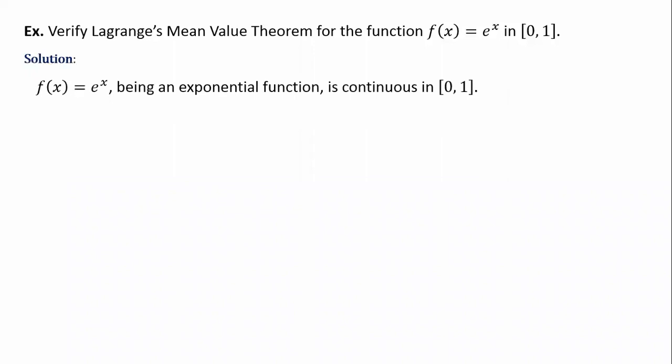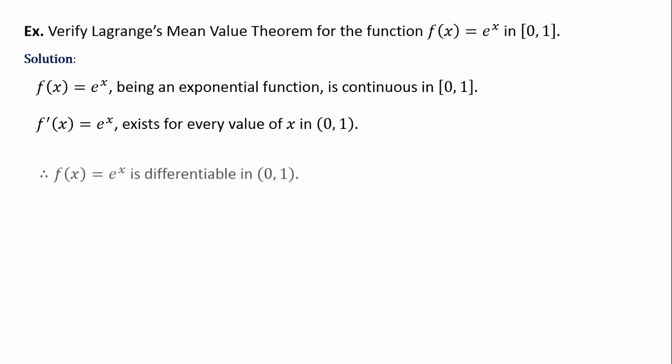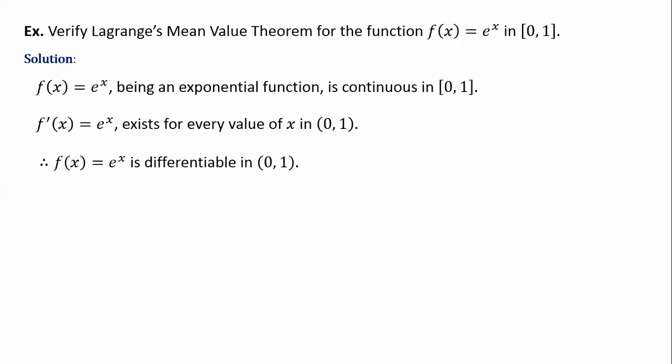So solution, f(x) equal to e^x is an exponential function, so it remains continuous in the closed interval [0, 1]. f'(x) is again e^x, and it is finite for every value of x in the open interval (0, 1). So f(x) equal to e^x is differentiable in the open interval (0, 1). So both these conditions are satisfied.